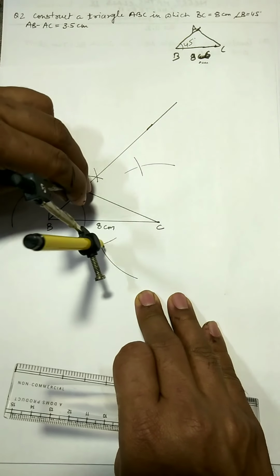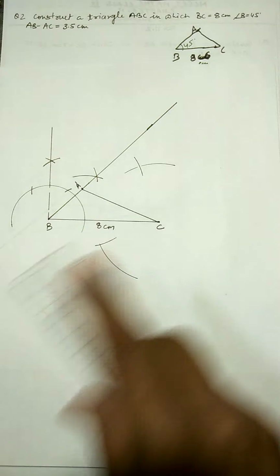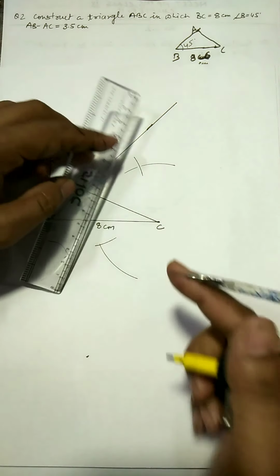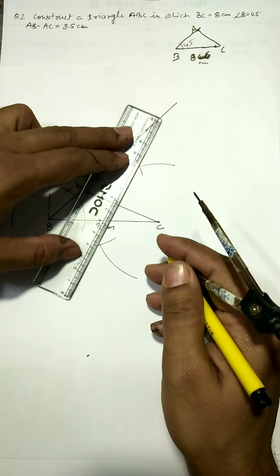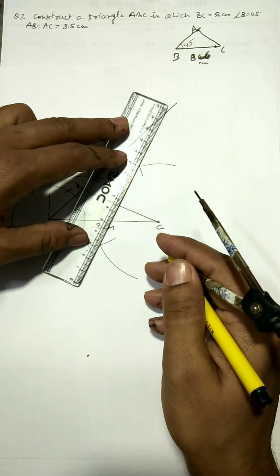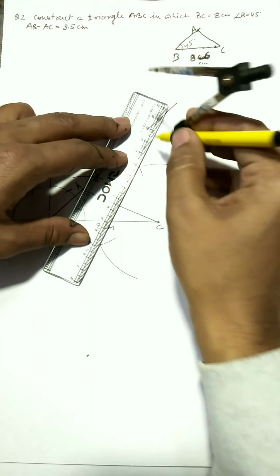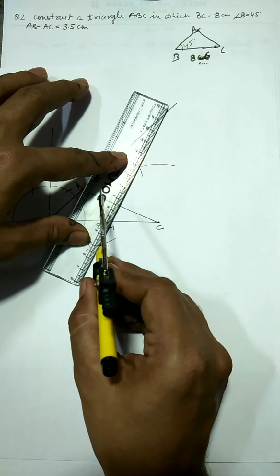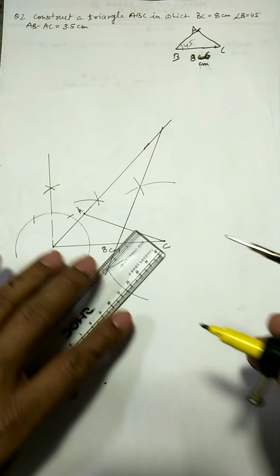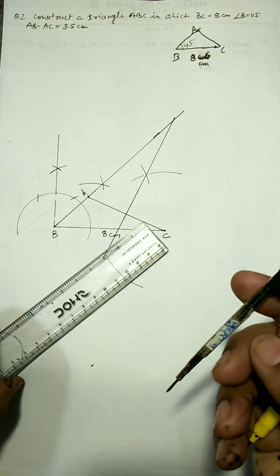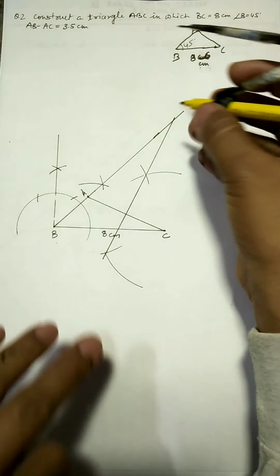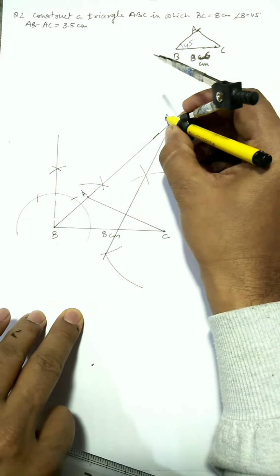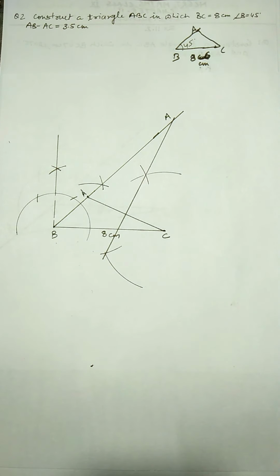Now you can see these two meeting points of the two arcs; you have to join them. When you join this you will get an intersection point with the extended line of BA dash. So this is the point of intersection, and this is the actual point A.